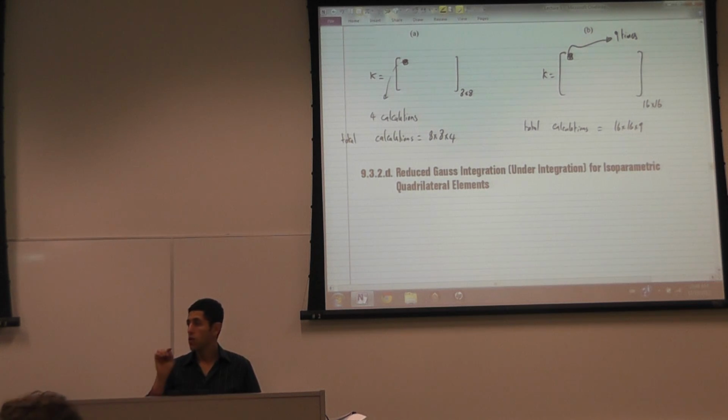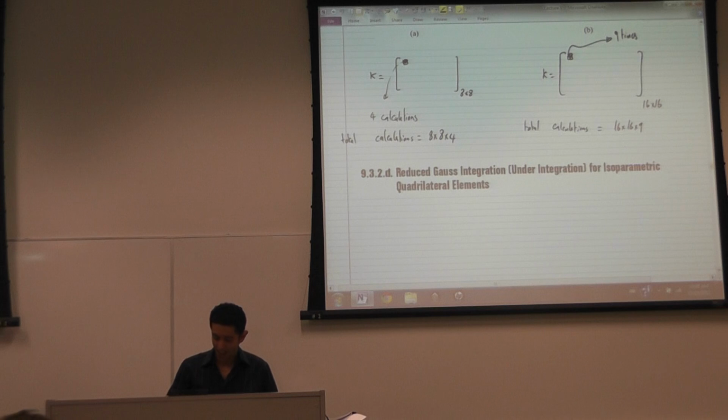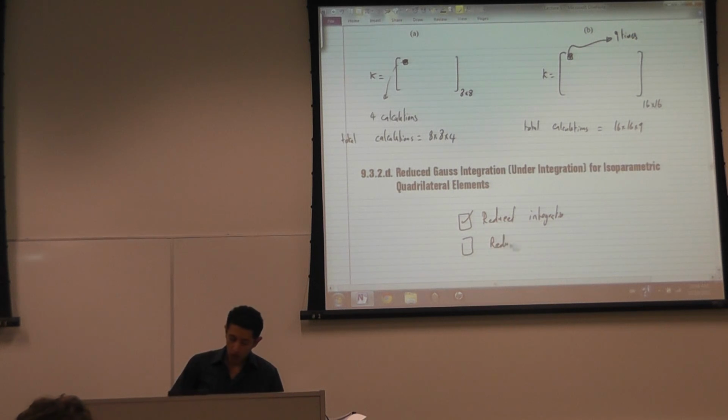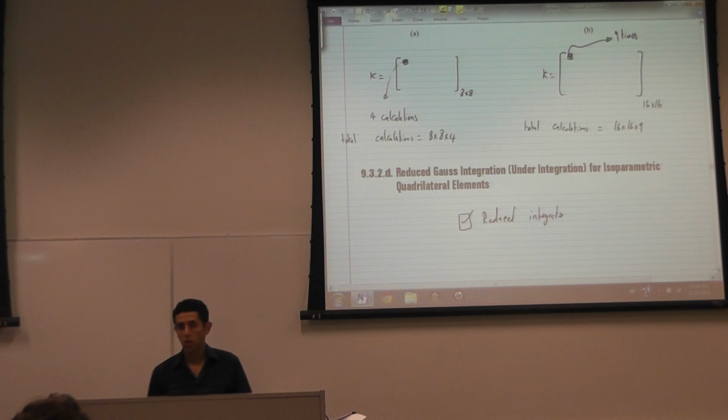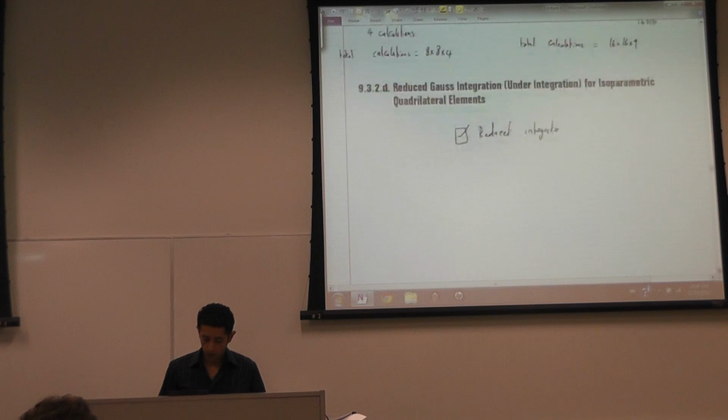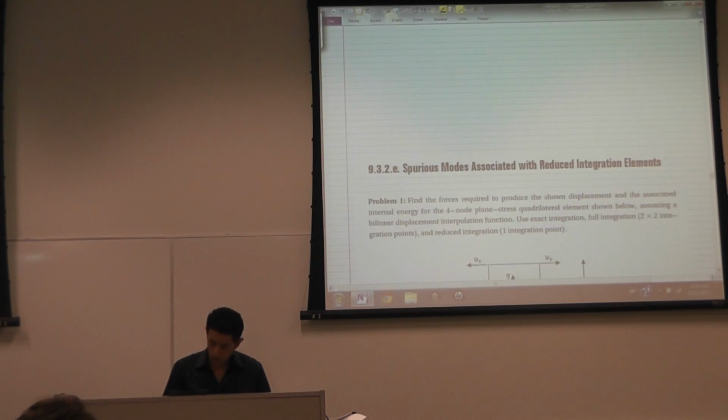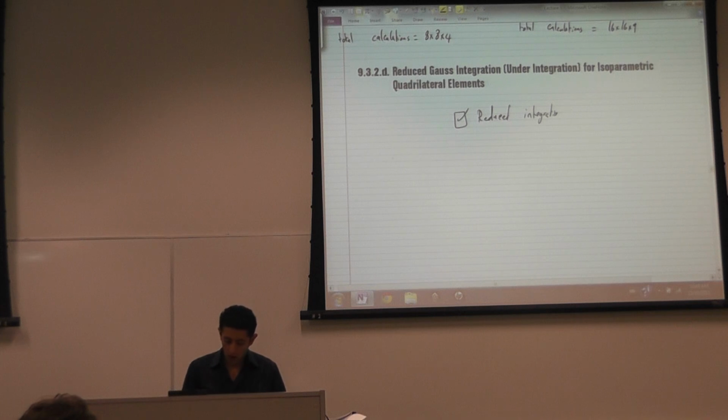The first thing you did in your software, is this what you used, or you don't know which one you used? When you clicked on the element, there was something called reduced integration, and you click on or off. So what happens when you click on reduced integration?